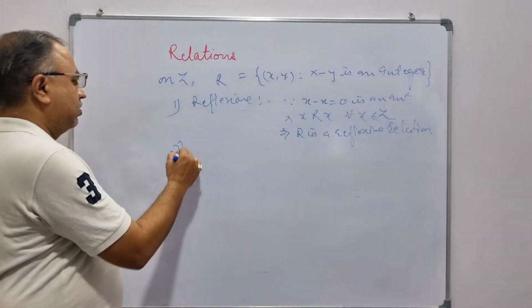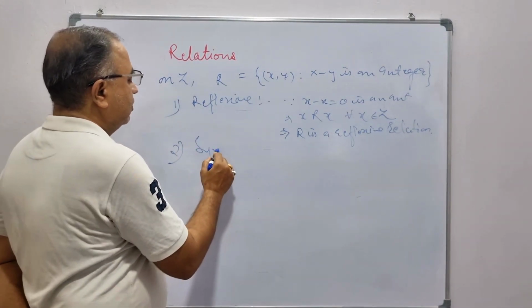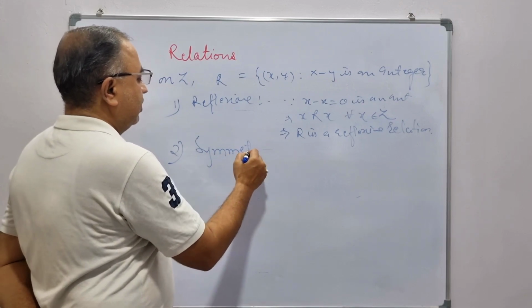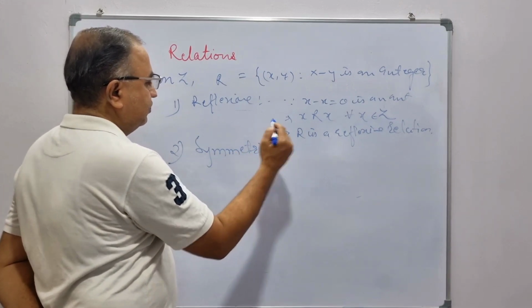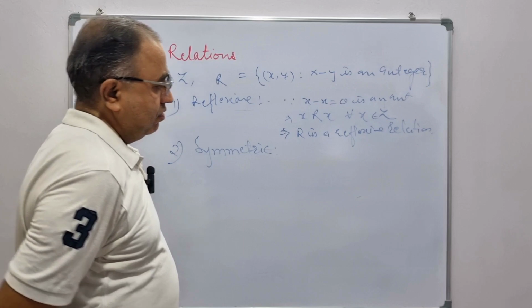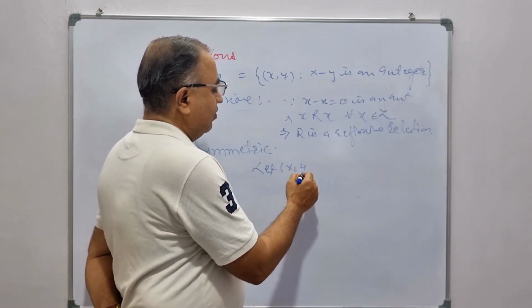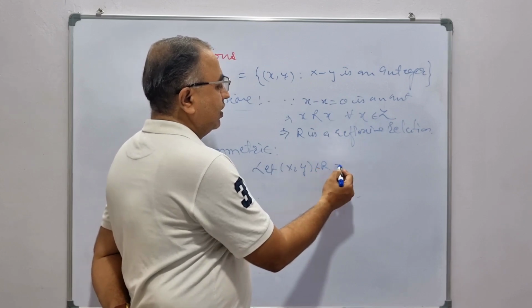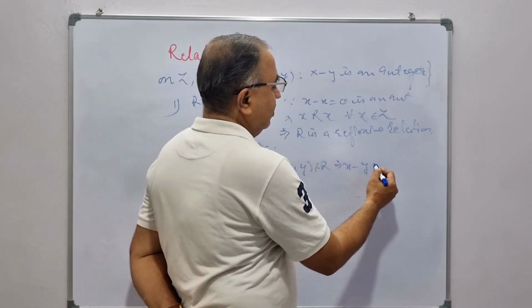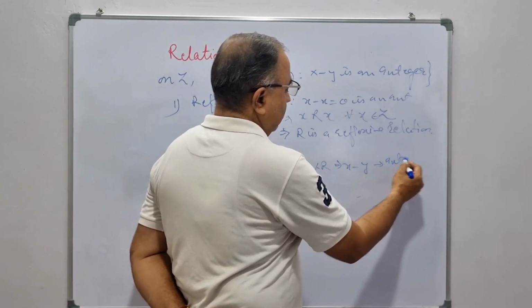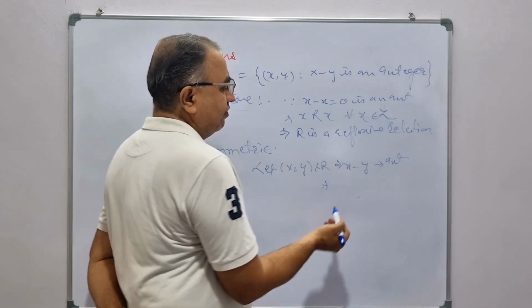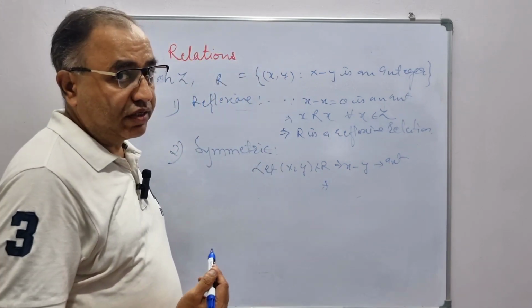Next, symmetry. Check whether this relation is symmetric. Suppose (x, y) belongs to R. In that case, x minus y is an integer. Now, from x minus y, check whether y minus x is also an integer or not.